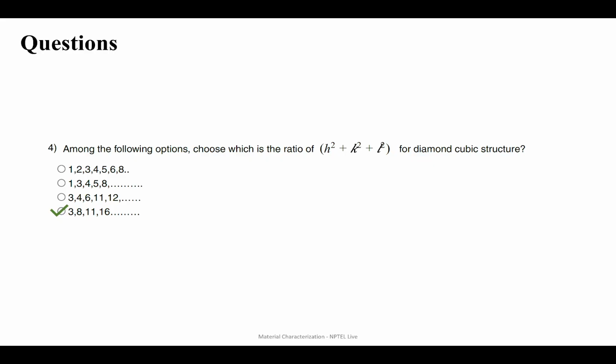So that is correct. It will be 3, 8, 11, 16. We just studied the selection rule for the diamond cubic lattice.